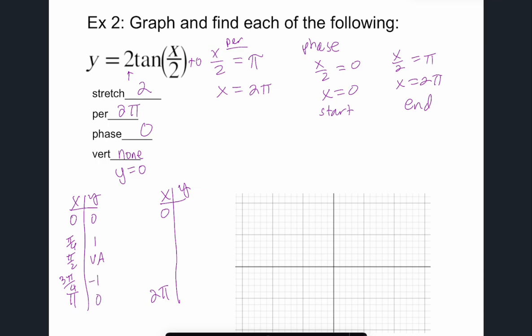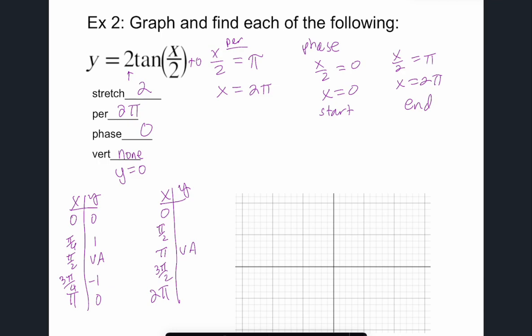So that's what it's doing. So halfway between 0 and 2 pi is pi. Halfway between those are pi over 2's. The middle one is always a vertical asymptote.